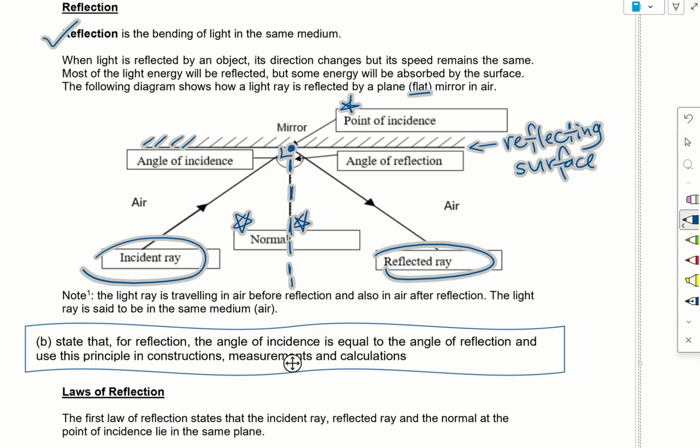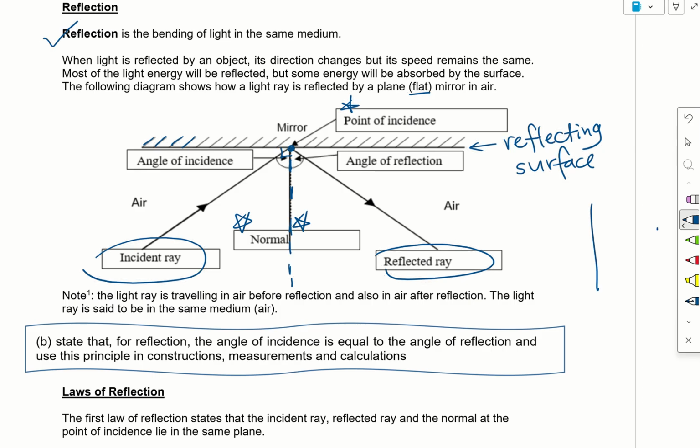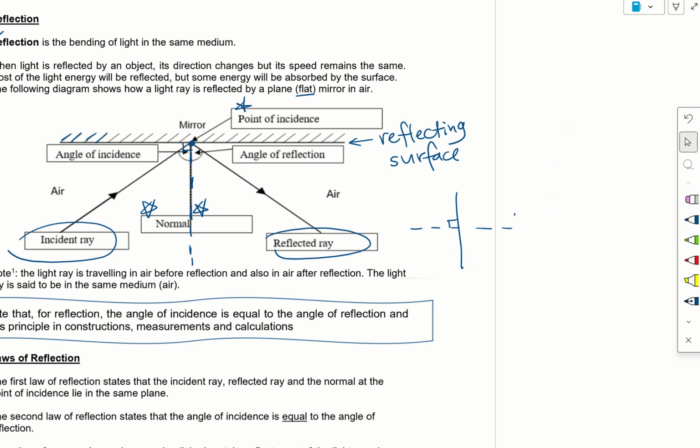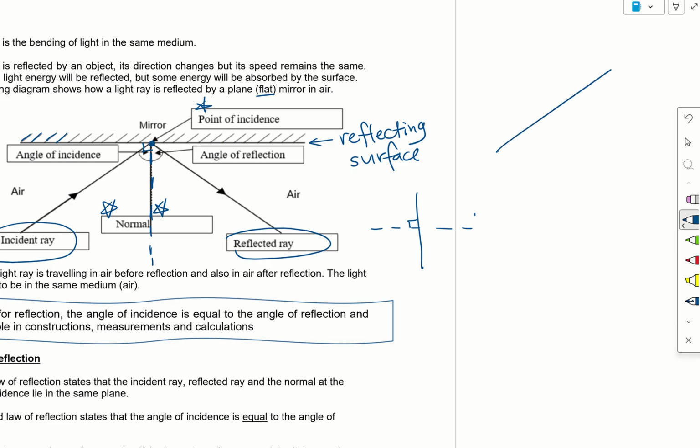So if I have a surface here, like this, I will draw the normal as such, showing that it's 90 degrees. But sometimes the surface is slanted, and a lot of students will start drawing the normal like this, or like this. But do remember that the normal is an imaginary line that is perpendicular to the surface.